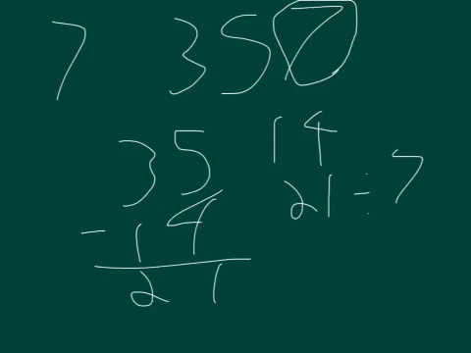To start, you doubled the last digit, the ones digit, and then you subtracted that number from the rest of the number, and then you see if the result is divisible by 7, and if it is, the number is divisible by 7.